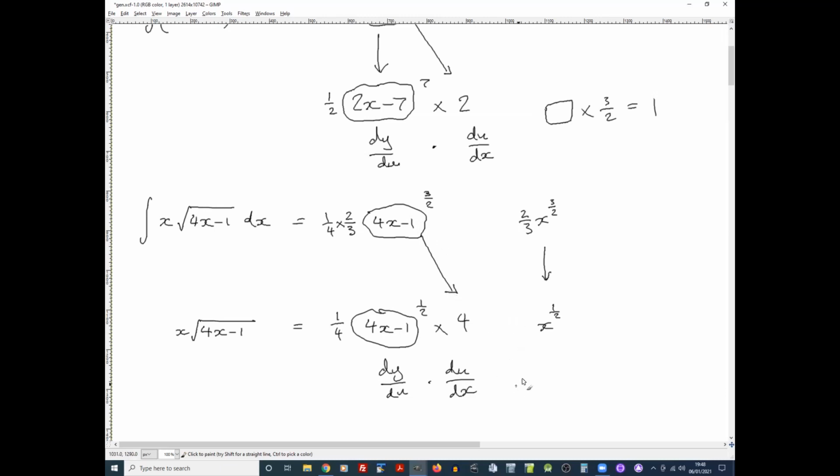Well, we are missing dx. So we just put on the front as x as half x squared.